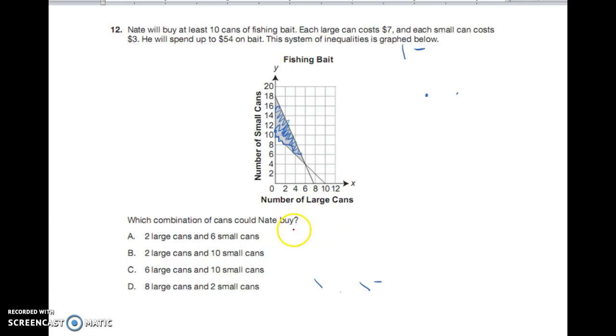So let's make these points. So we have 2, 8 is a point. So 2, 8 is right here. Okay, it's right on this piece right here. And then the next one we have 2, 10. So 2, 10 is right up here.